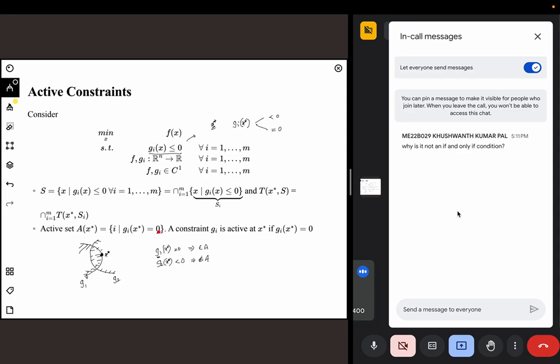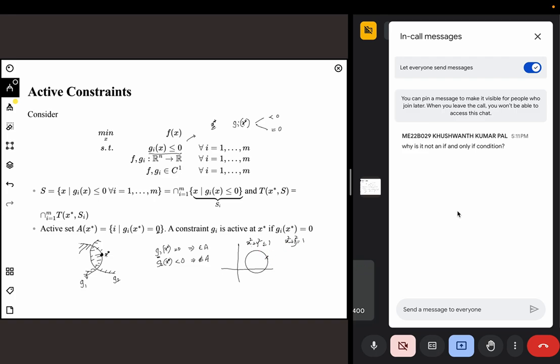So this is your constraint. Let's say we have a constraint like x square plus y square less than or equal to 1. If you represent that on your domain, a particular point satisfies this constraint with equality when x square plus y square is exactly equal to 1. So if it is a circle like this, then that particular point x star, y star is lying on the boundary of it.